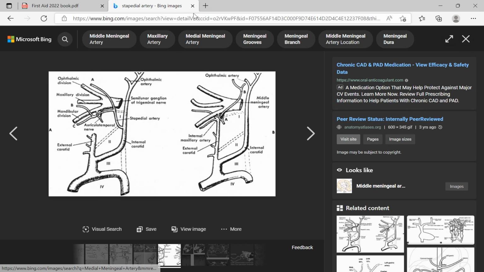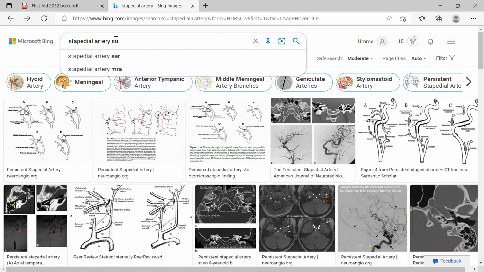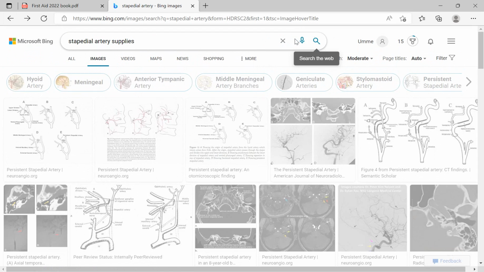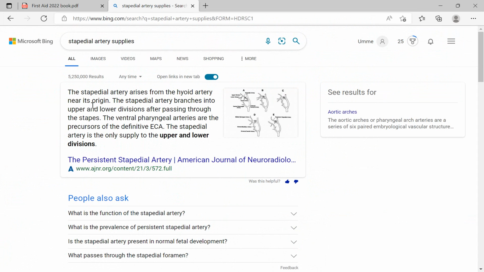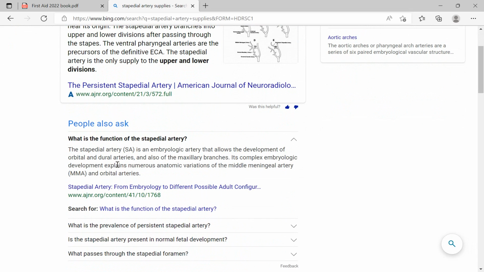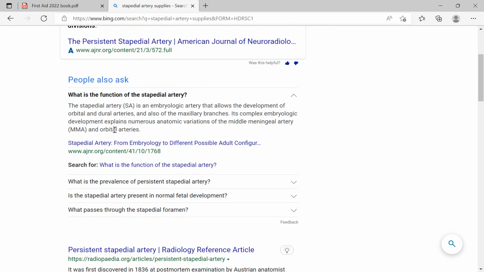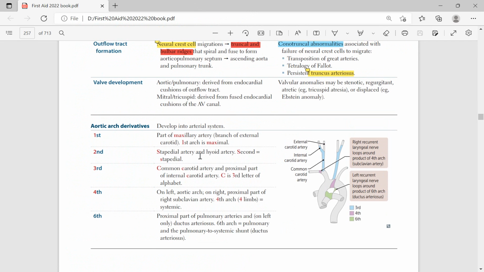The stapedial artery is an embryologic artery that allows the development of orbital and dural arteries, that means in your orbit and your dura mater. So, stapedial and hyoid artery for the second arch.